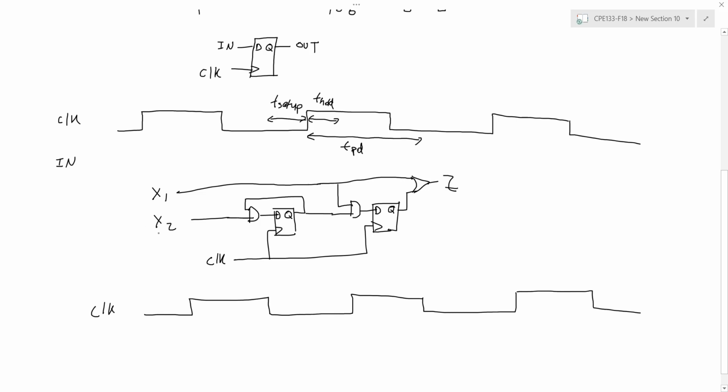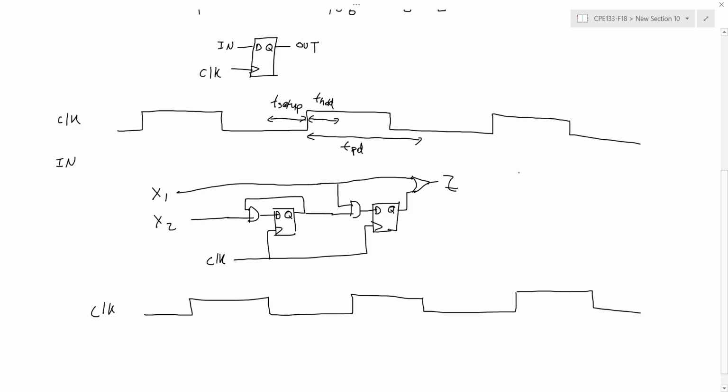I have paths from the inputs to the flip-flop inputs, and that's going to happen in one clock period. I also have paths from the flip-flops to the output, also from the inputs to the output there's a path, and there's also a path from the flip-flop outputs back to the flip-flop inputs, right? And this is usually going to be our longest path, but let's put some numbers in here for our delays, for our gates and our flip-flops, and see what comes up.